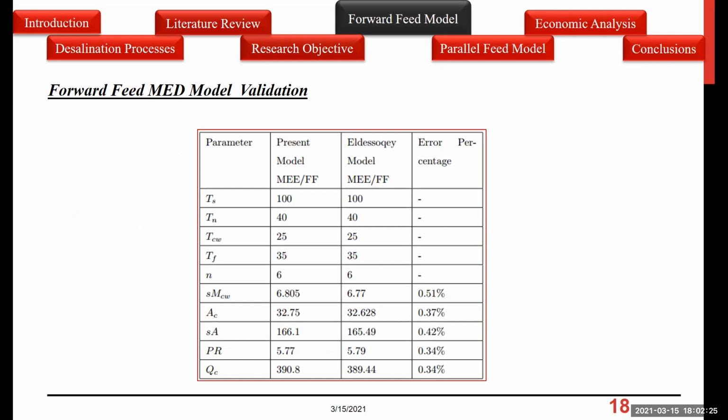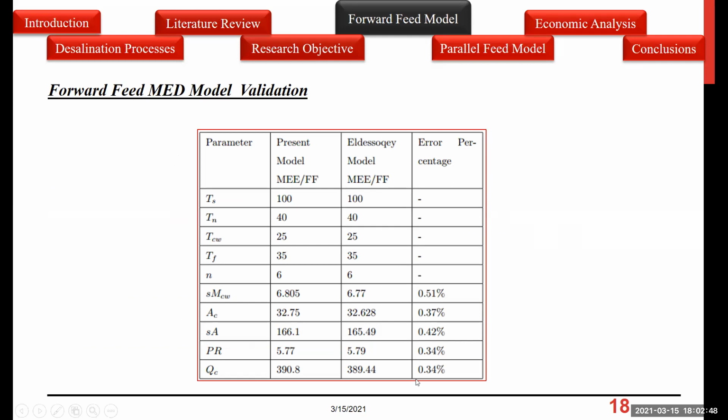Khalid built his own model, and to make sure that model is correct, we compared the results that he obtained from his model with the results obtained by Al-Dasuqi in the book or in the paper, and this is what we could get at the end for given values of TS, TN, cooling water temperature, feed temperature, and number of effects.